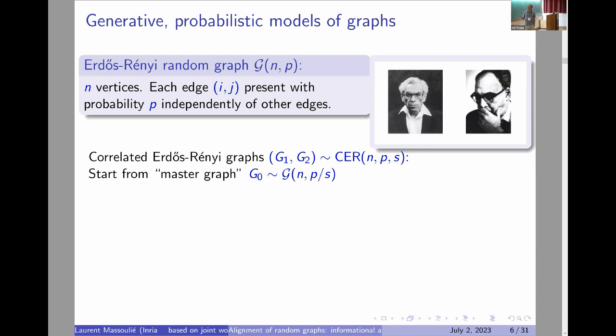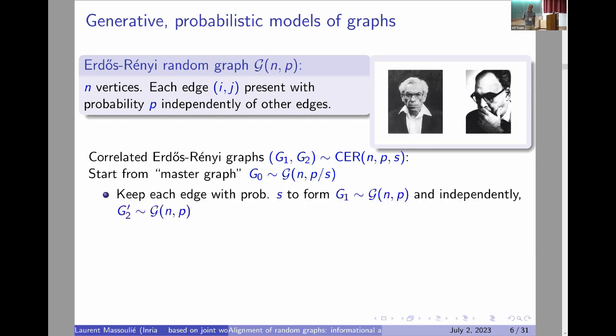We have a third parameter in our model, which is s, which is some correlation between the presence or absence of edges in the two graphs. And so the procedure is as follows. We start with a master graph, G0, which is an Erdős-Rényi graph on n vertices, and an edge is present with probability p over s, okay?